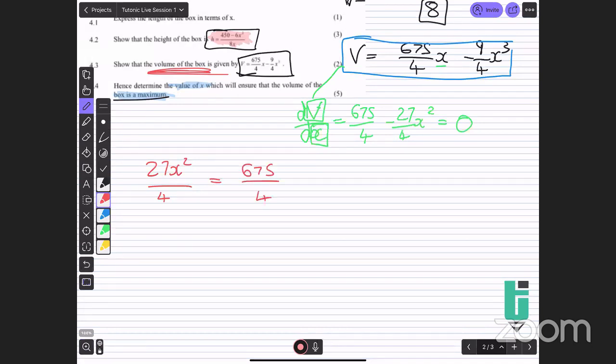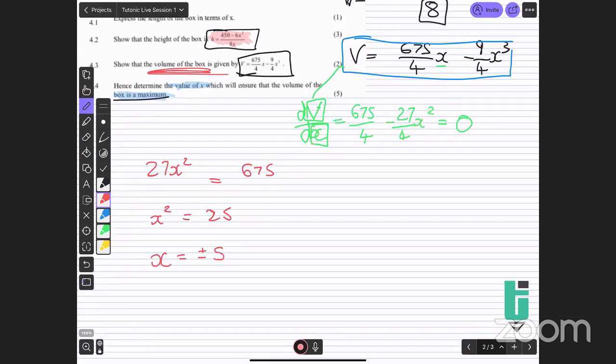What can we do next? Cancel the 4s, because you're multiplying by 4 on both sides. 675 divided by 27, then x squared equals 25, so x equals plus or minus 5.